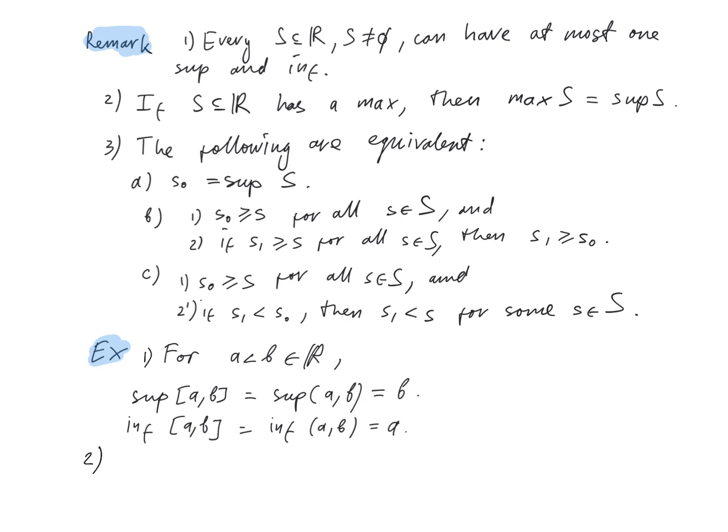Let's consider another example. Let's look at the set A, which consists of all numbers of the form 1 over n squared, where n is a natural number, and n is greater or equal than 3. Then this set A is bounded from above and from below.